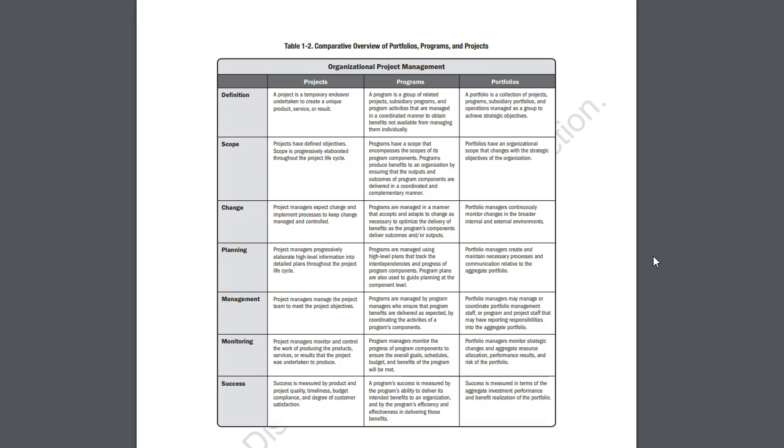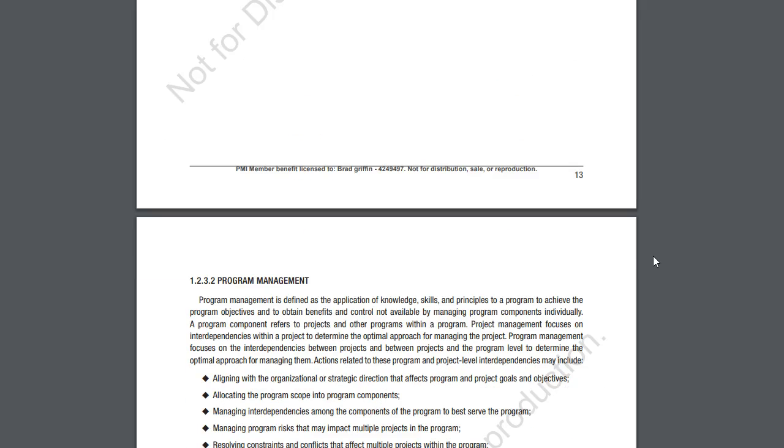And so that portfolio then is a collection of projects, and programs, and everything all together. So these are different levels of scale. So small, medium, large, however you want to look at it in terms of that scaling. And so that might be the easiest way to look at this as an example.